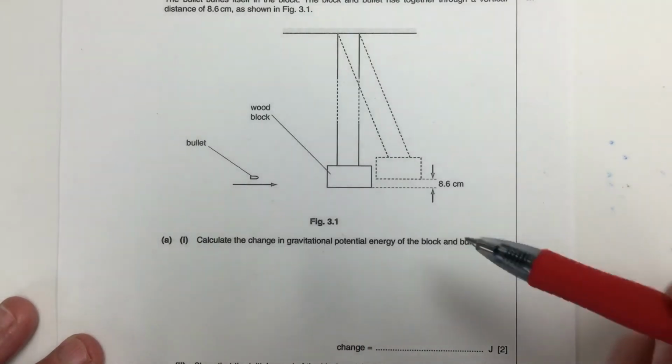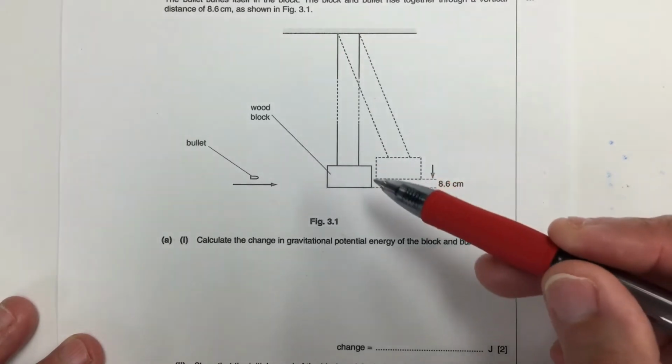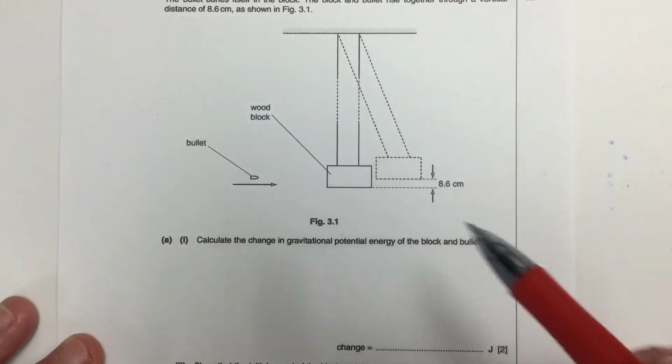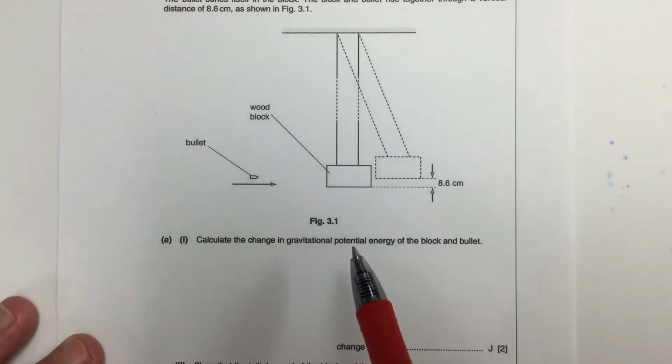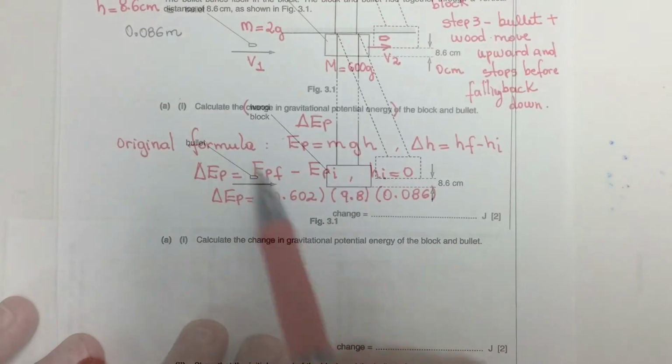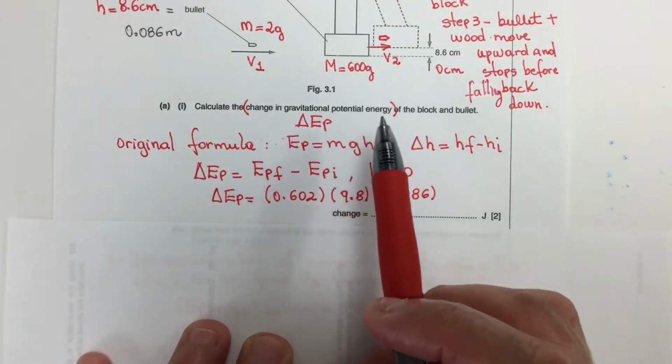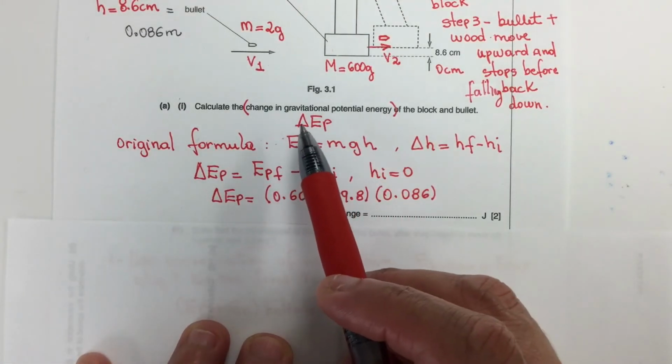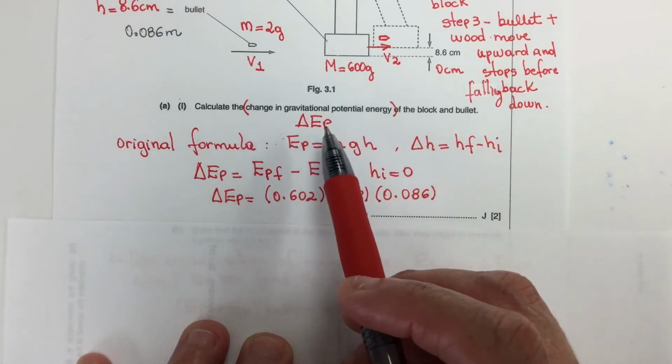The first question is asking to calculate the change in gravitational potential energy of the block and bullet. So it's clear that we are going to calculate in step 3, because for potential energy we need height, and that's where we have the height. The change in gravitational potential energy we can represent by delta EP.